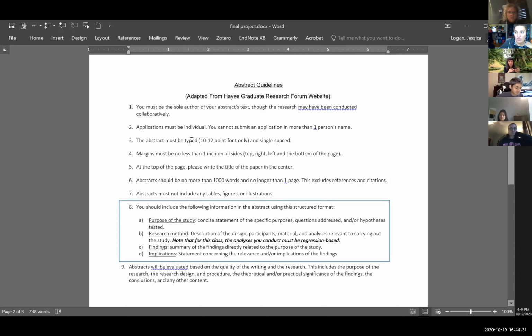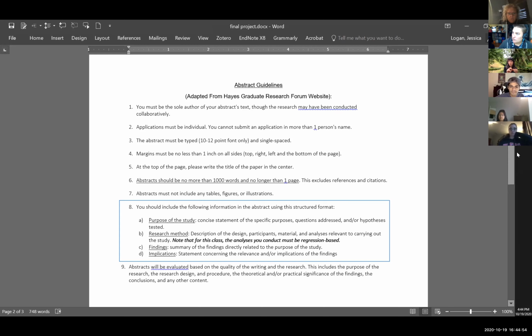It can be no longer than 1 page or 1,000 words, whichever comes first. So it's real short. You don't get any tables, figures, or illustrations. So it's like just words. It's very tight and condensed. Okay. So this is what it will look like.